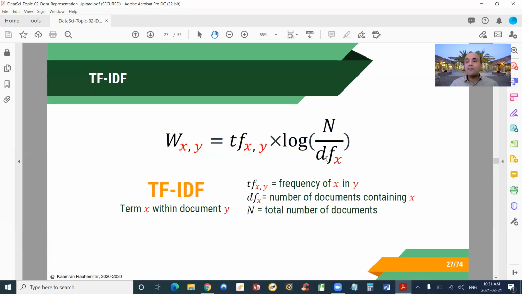Maybe among the 25 love letters that I wrote, I wrote love in 4 of them. 25 divided by 4. Maybe I wrote love in all of them. 25 divided by 25. So that's what this one is going to be, okay? And that's going to be 1. And this is log in base 10.